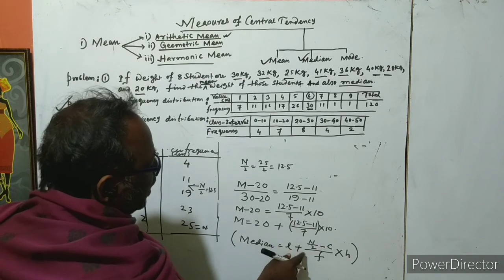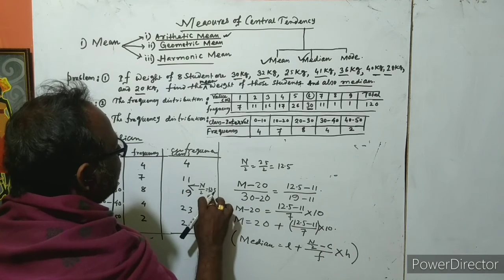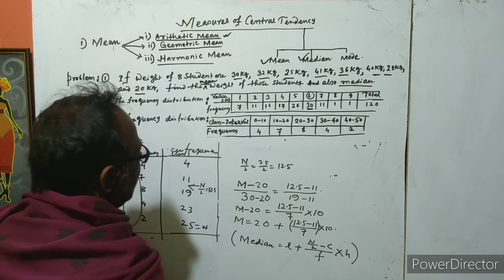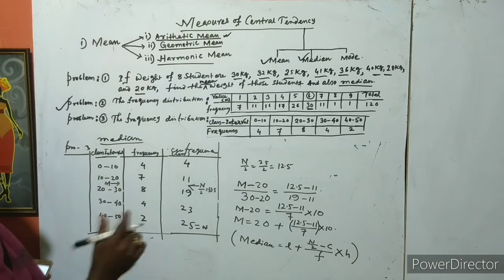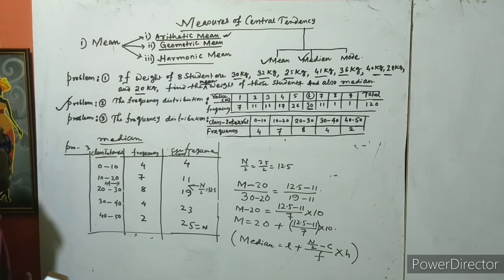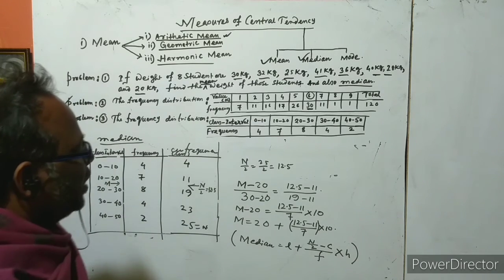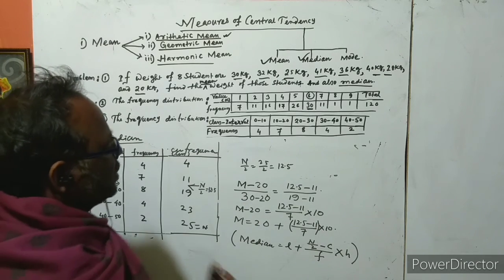F is the difference between these two frequencies where 12.5 lies, so F means 19 minus 11. H means the class width where the median lies: the median lies in 20 to 30, and their difference is H. This is the formula of the median. Using this method, we do not need to learn this formula.